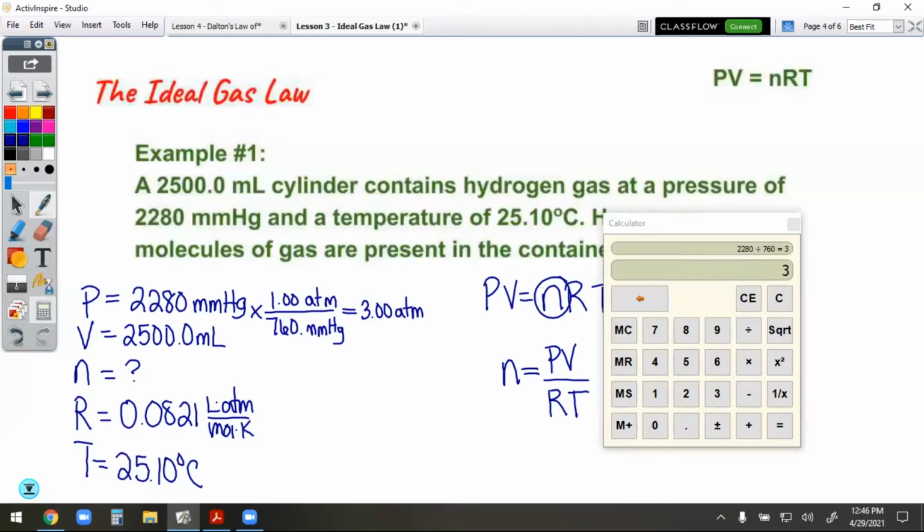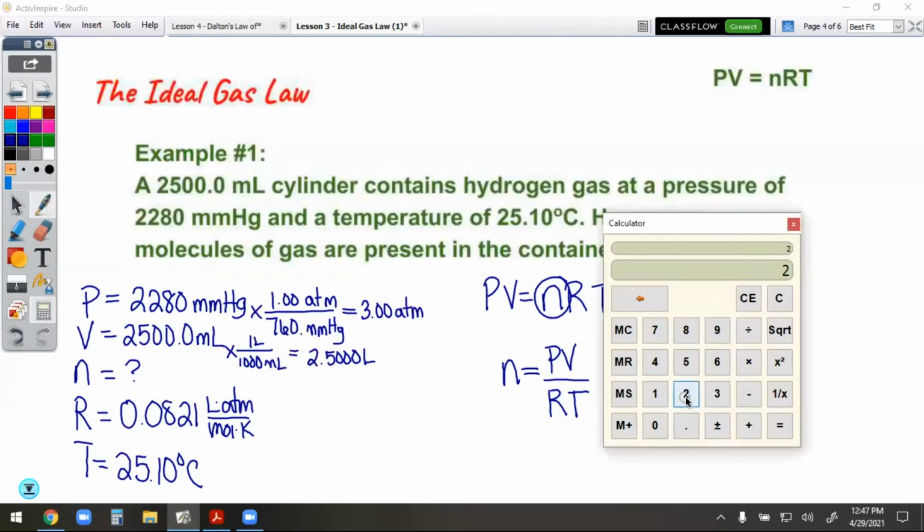Our volume must also be converted from milliliters to liters. This is done by dividing by 1,000. In order to maintain the same number of significant figures, I'll have 2.5000 liters. Finally, our temperature has to be converted just like we were doing earlier from Celsius into Kelvin.